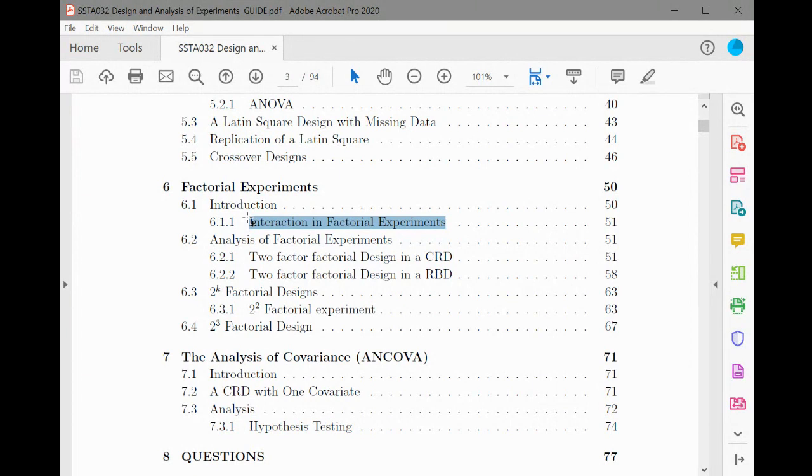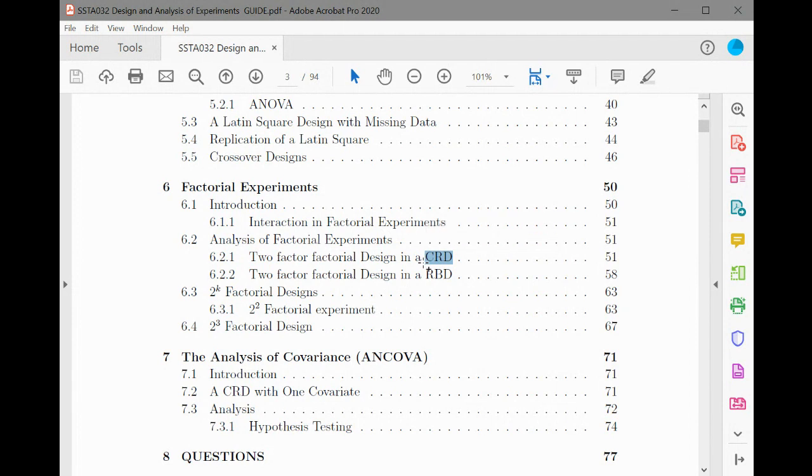So the introduction is the interaction in factorial design. What do you mean by interaction? It means n, r in each cell, is greater than 1. That's what we simply mean, that r in each and every cell is greater than 1. So this is what will be happening even here. I will give an example in a case where we have two factors in completely randomized design.